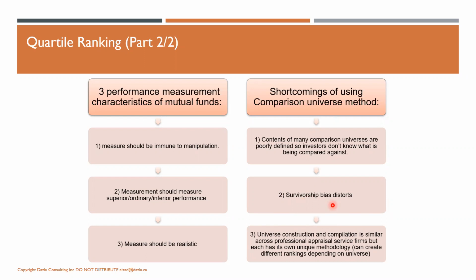Survivorship bias means that only the good ones are going to be left over, because people will not invest in the ones in the fourth quartile, and they will pull their money from it. So that's a negative thing also, because it distorts the returns a little bit. Okay, clear?